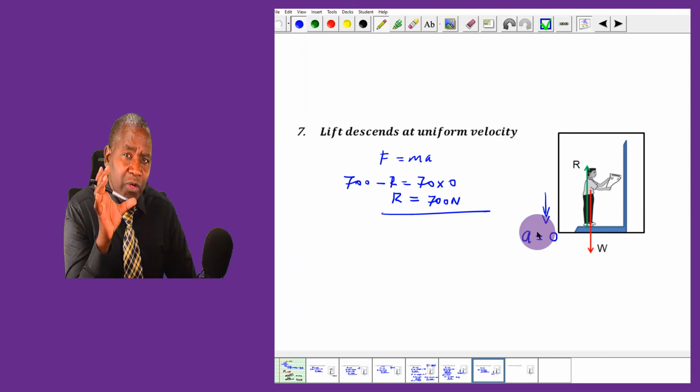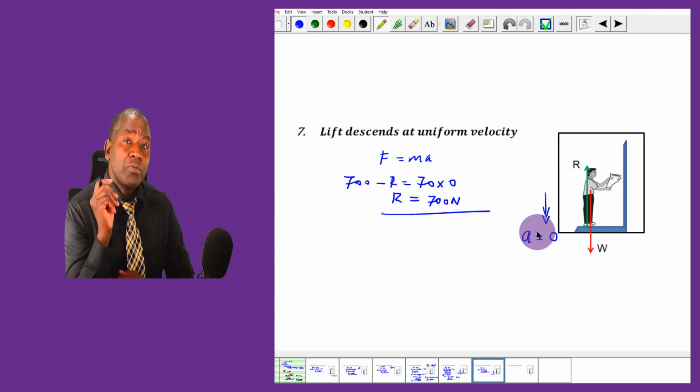The second two situations, whereby the object is moving but appears to be in equilibrium, are referred to as dynamic equilibrium. So for a system to be in equilibrium, it does not necessarily mean that it has to be stationary. It can be in motion, but the velocity has to be uniform for the acceleration to be zero.